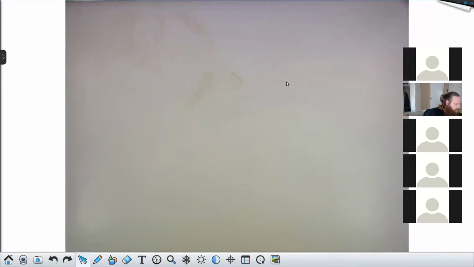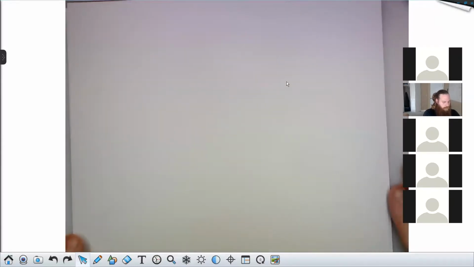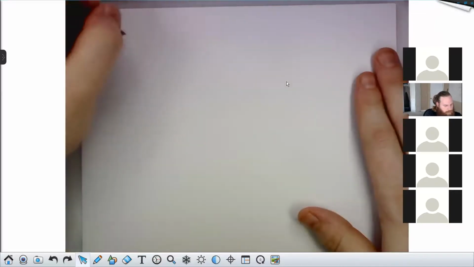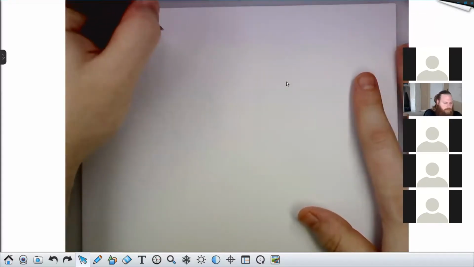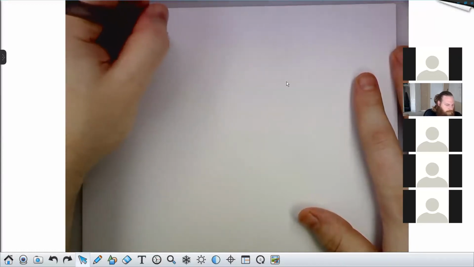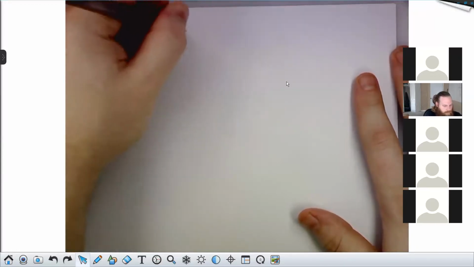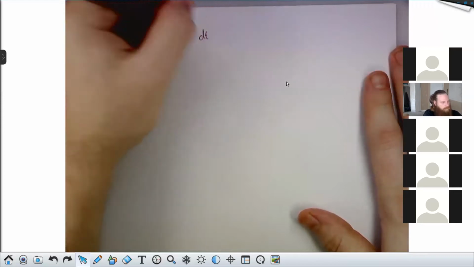Your book also has some good problems along this line, but they're not problems that work well in WebAssign. So they're not problems that I want to give you in the homework, but I think they're fun to play with. So let's look at just one run. I'll do it as an indefinite integral, e to the negative t, t to the n, dt.